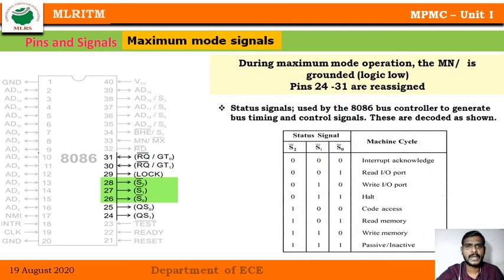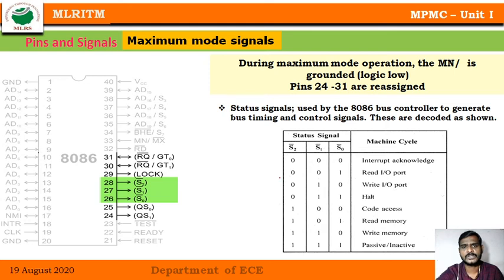Then if you come to the maximum mode signals, pins 28, 27, 26 are the status signals which tell which operation is being performed. Maximum mode means the 8086 hands over all the control, data and address buses to other co-processors like the 8087 arithmetic processor.